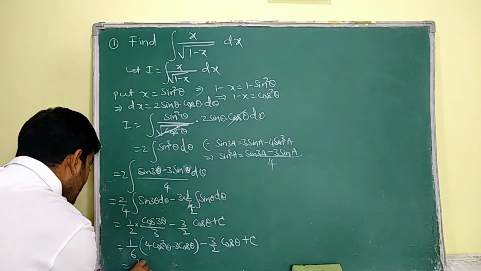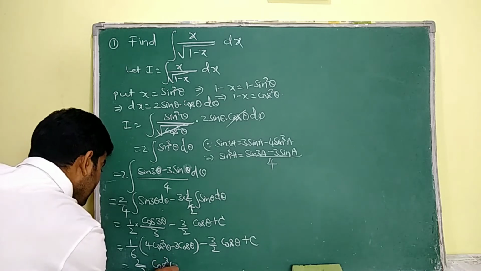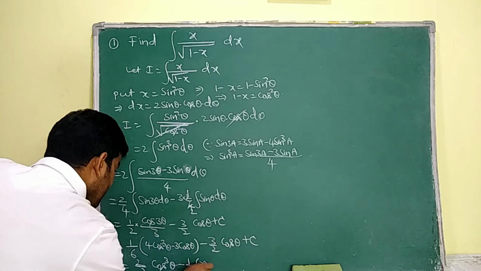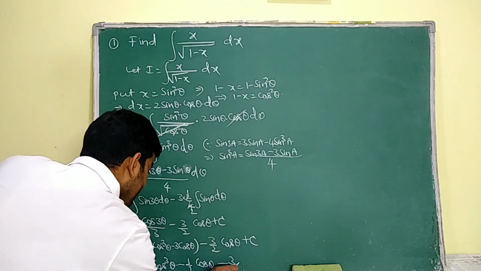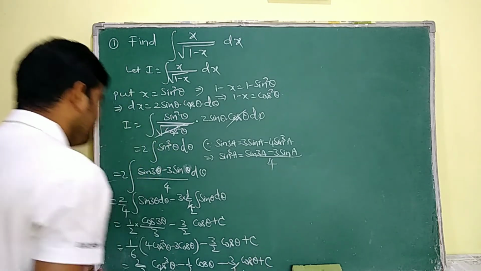Here it is 2/3 into cos cube theta minus 1/2 into cos theta minus 3/2 into cos theta plus c.